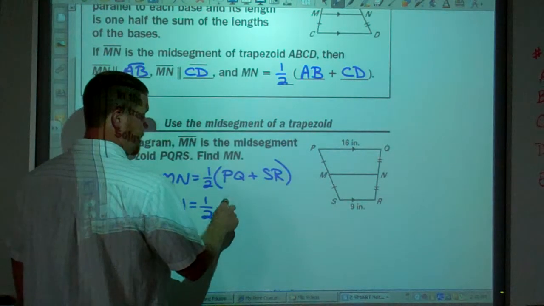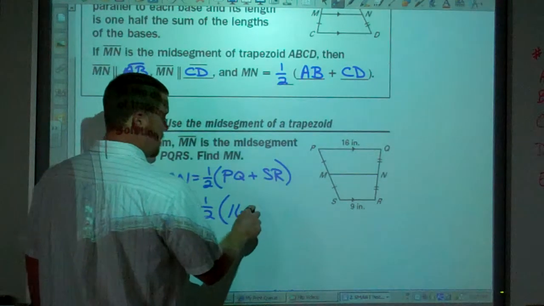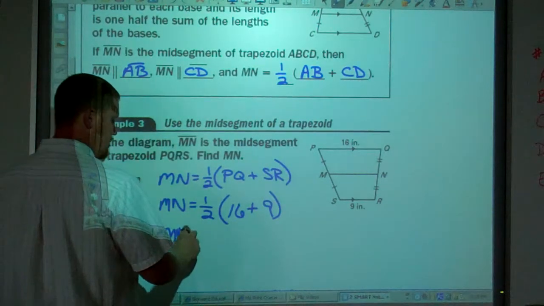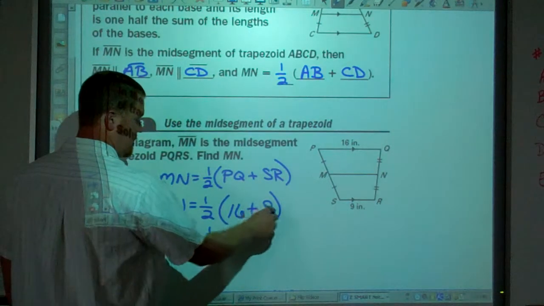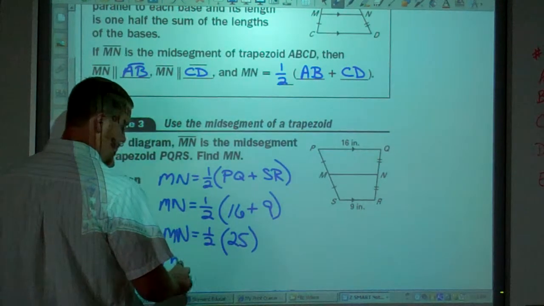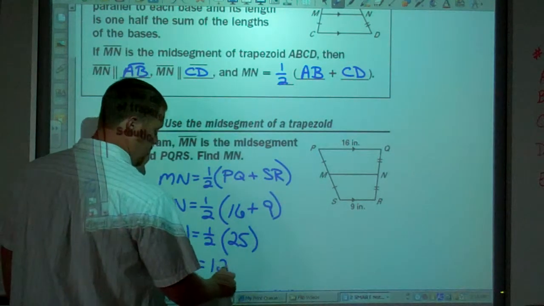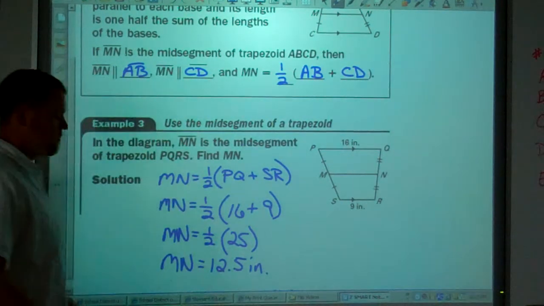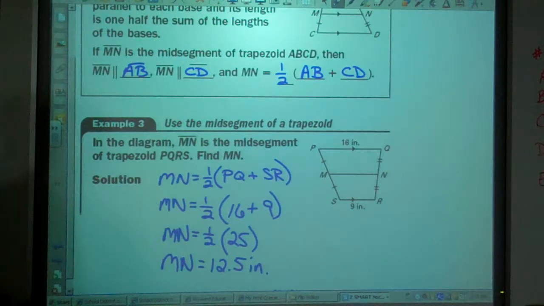Equals 1/2, that's a number, PQ is 16, plus SR is 9. So the length of MN equals half of 16 plus 9, which is 25. So the length of MN is 12.5 inches. Okay?